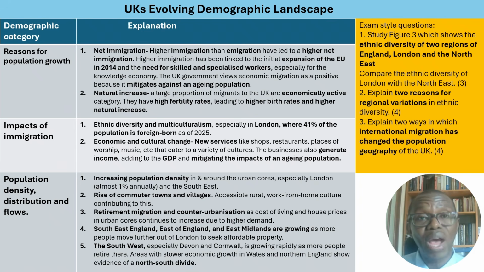And then we also have counter-urbanization as well taking place. So people who find it too expensive to live in London due to the increasing house prices tend to leave London and go to live in those rural periphery areas, and especially if they can work remotely from home.